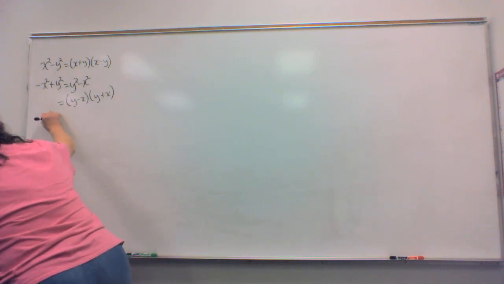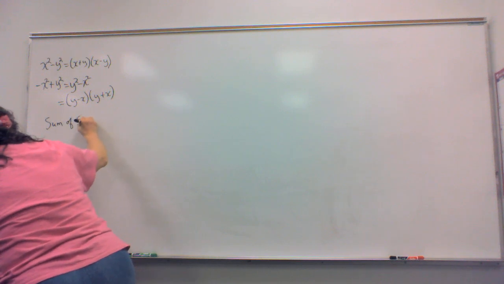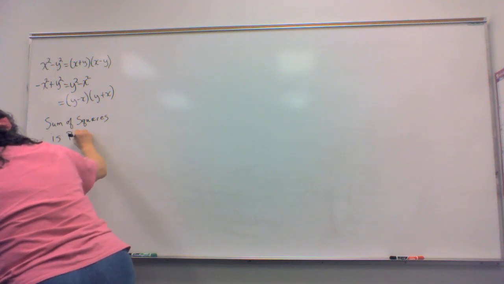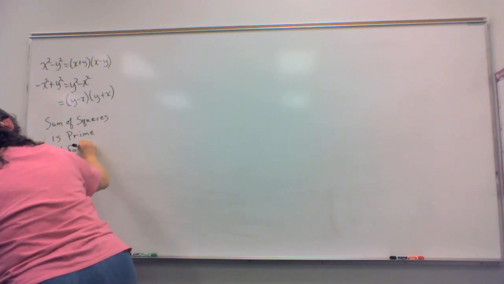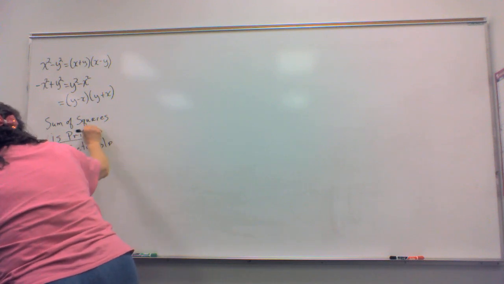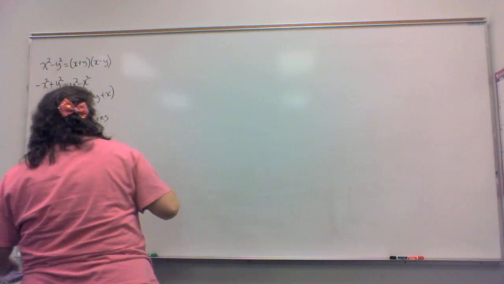A sum of squares, we say it is prime. In other words, it is not factorable. But this is usually the word we use for it. It's prime. So let's look at why it is prime.